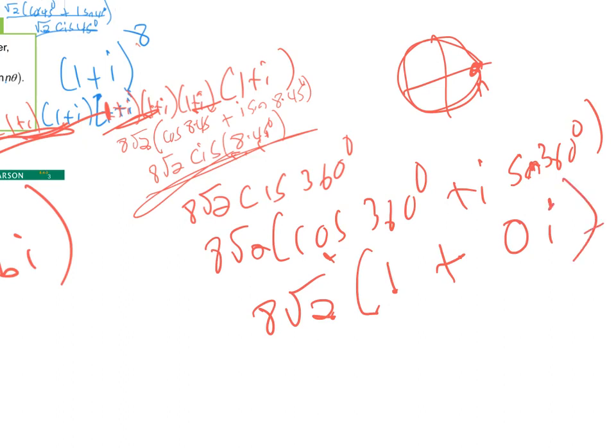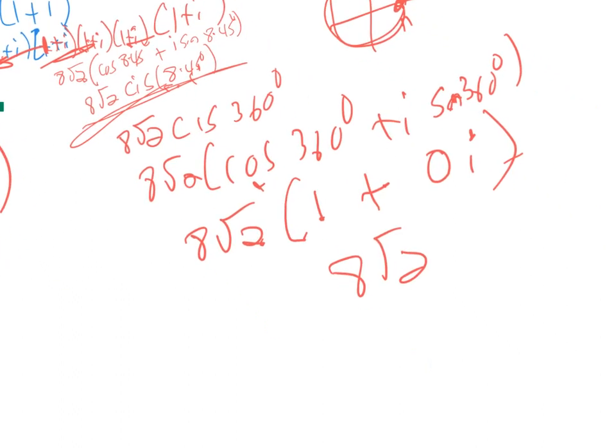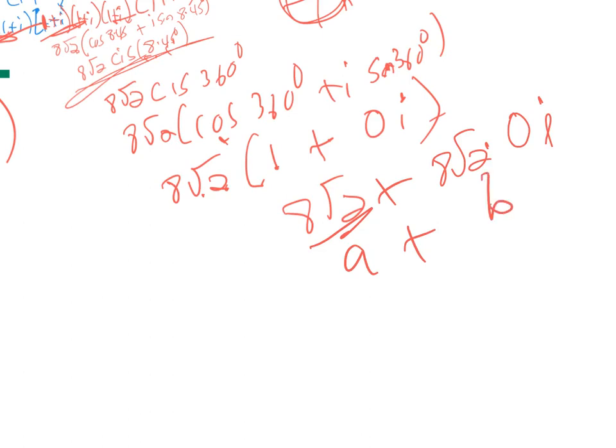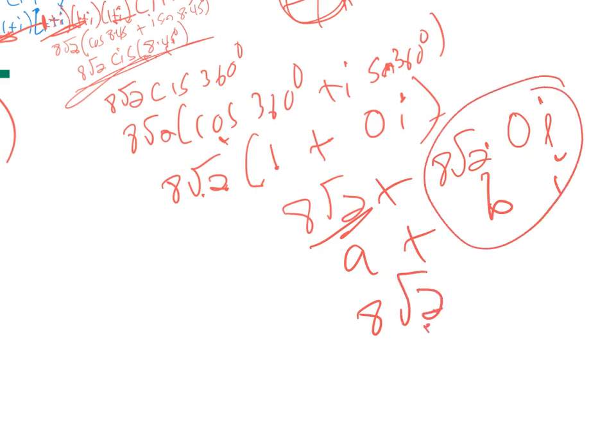Well, who writes that? You could write it 8 square roots of 2 times 1 plus 8 square roots of 2 times 0i, and there's your a plus bi. Unfortunately, it turns back into just 8 square roots of 2 because this whole thing goes to 0.